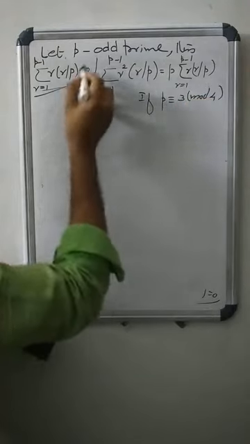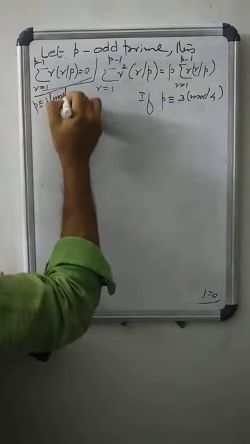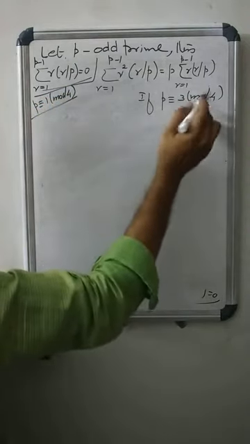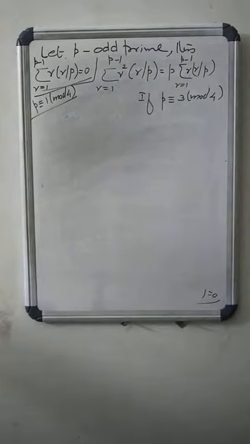So listen, this happens only when p is congruent to 3 mod 4. If p is congruent to 1 mod 4, what about this result? Result should be 0. So sigma r square into r by p equals p into sigma r into r by p only when p is congruent to 3 mod 4.